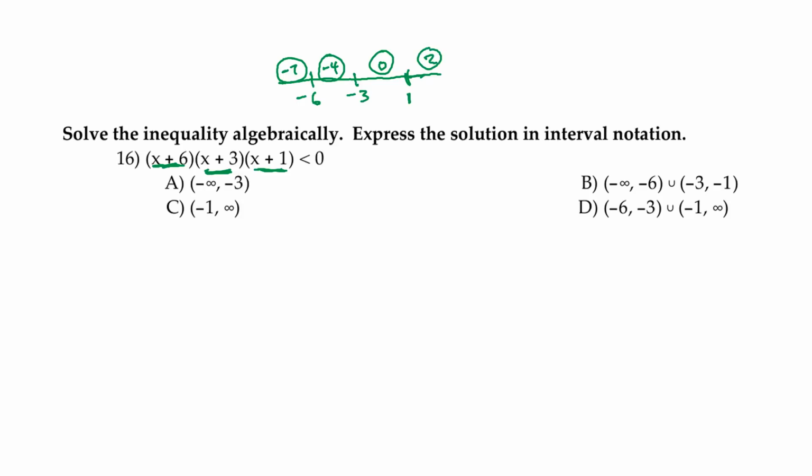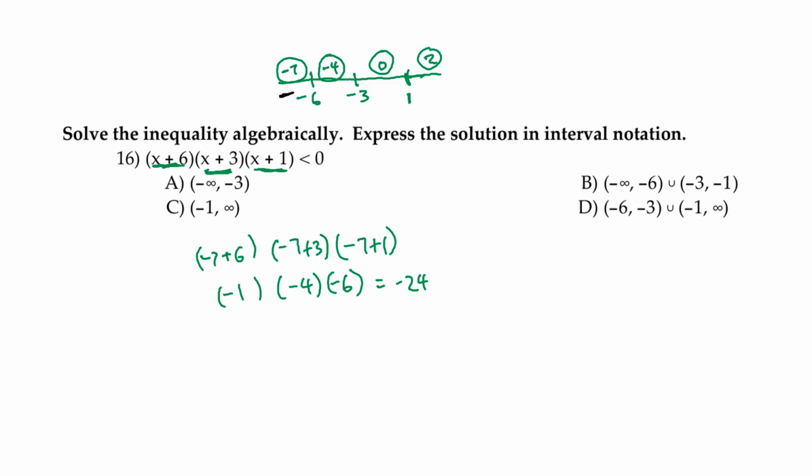So if we input negative 7, it would be negative 7 plus 6 times negative 7 plus 3 times negative 7 plus 1. Negative 7 plus 6 is negative 1. Then negative 7 plus 3, that's negative 4. Negative 7 plus 1 is negative 6. If we multiply everything out, we end up with a negative 24. So basically, if we input negative 7, we end up with a negative number.